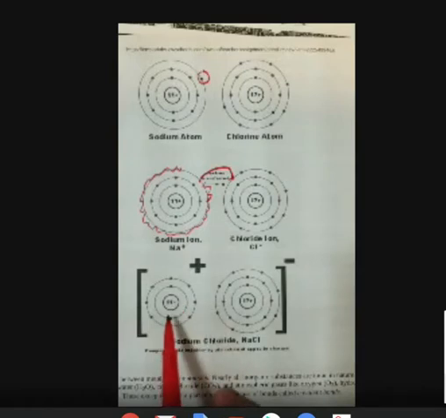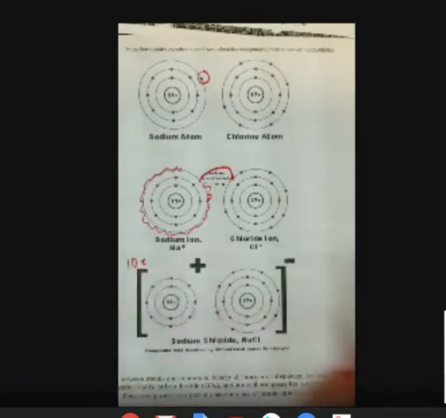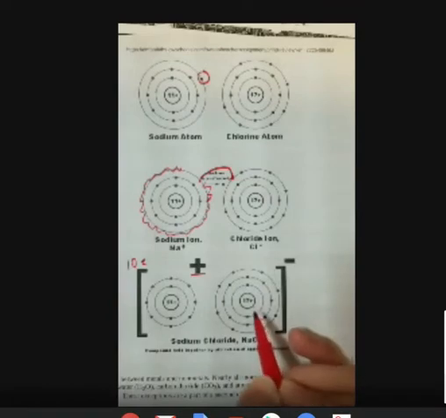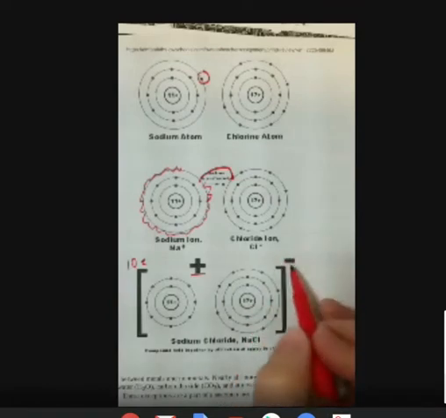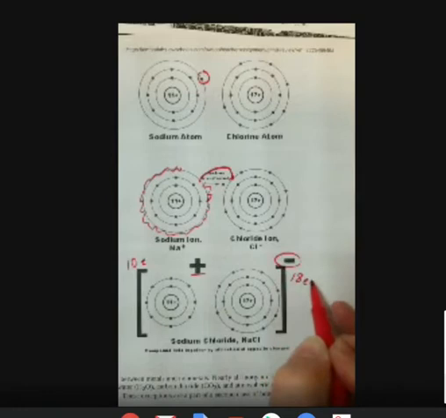So it still has 11 protons, but now it has 10 electrons, which is why it forms a 1 plus ion. And the chlorine, it's still chlorine because it has 17 protons, but it has gained 1 electron. So it now has 18 electrons, and it's now full on its outer shell.